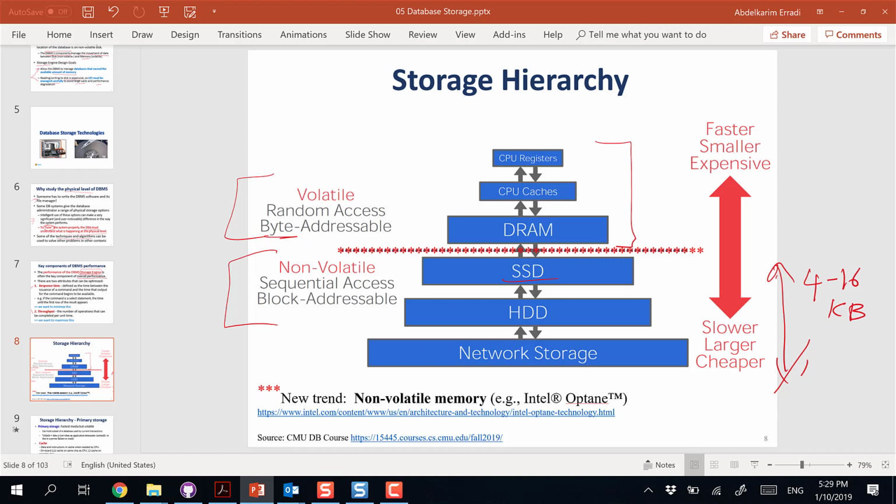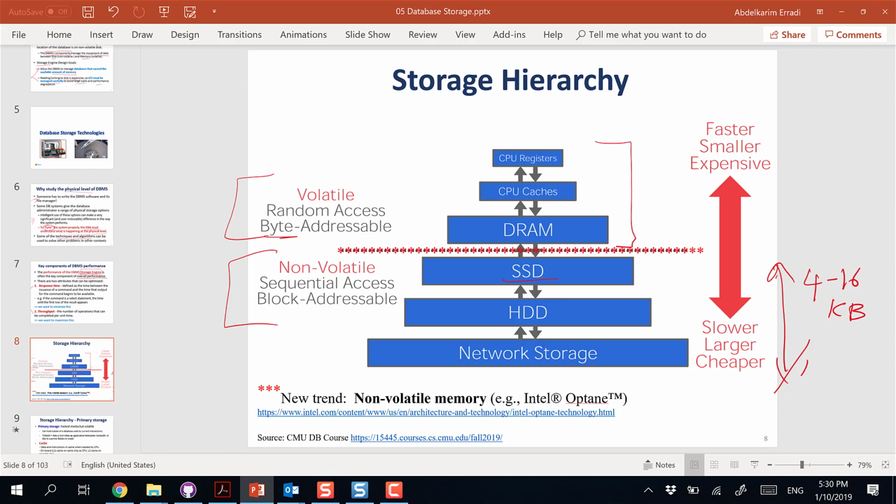Okay. Now, as I mentioned, jumping from one block to another randomly on disk is very costly, while reading any location in the RAM randomly is the same. There's no cost in doing so. So sequential access is much cheaper, and it runs much faster than random access, which means as much as possible in the database storage, we try to keep the records that we need for our queries next to each other.